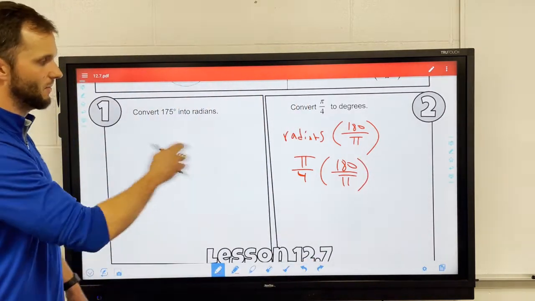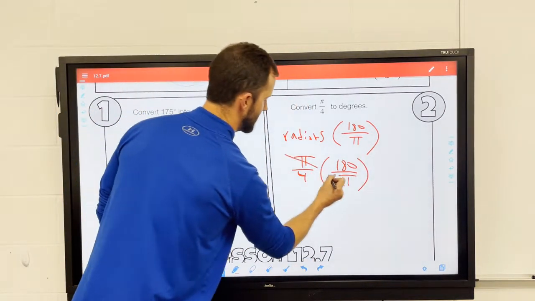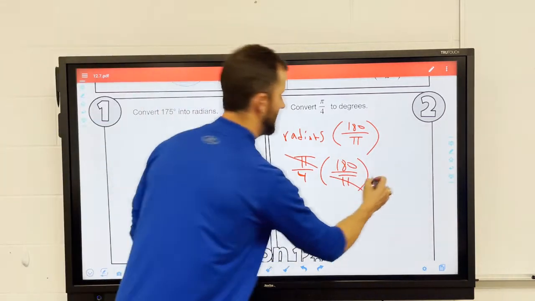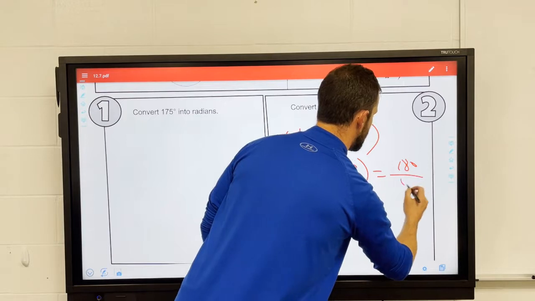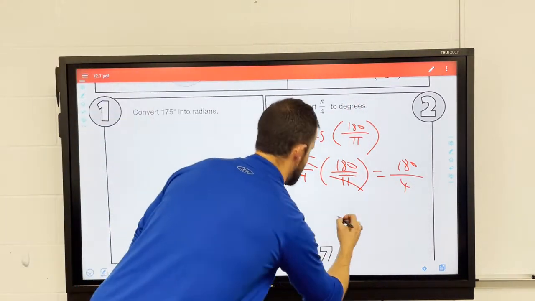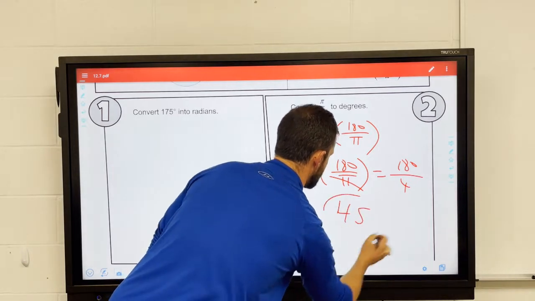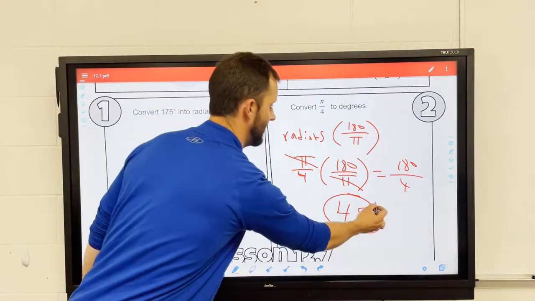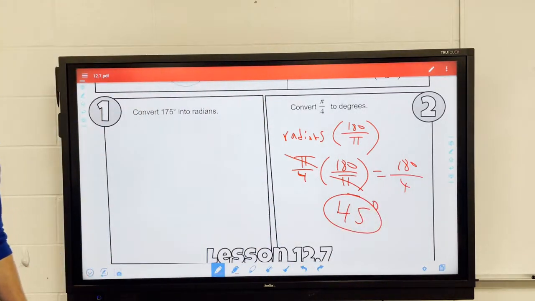Now, if you look, when I multiply across, my pi's are going to cancel out because they are over each other. So then that would be 180 over 4. If I do 180 divided by 4, that gives me 45. So that means pi over 4 radians is 45 degrees in this instance. So I went from radians to degrees.